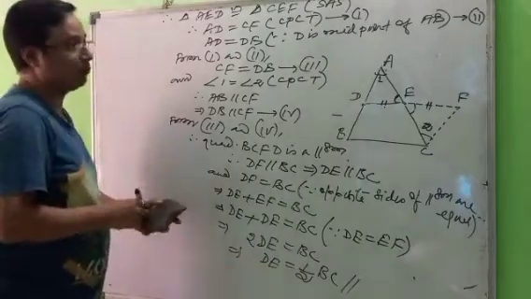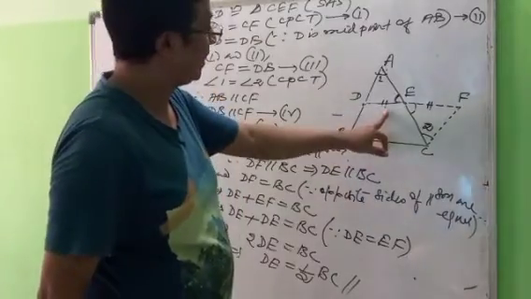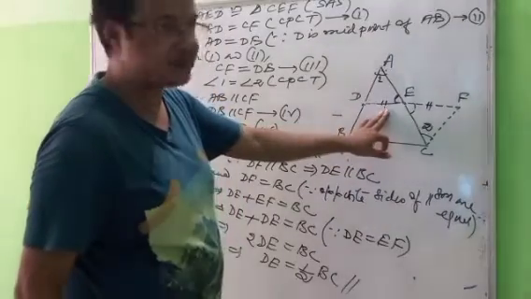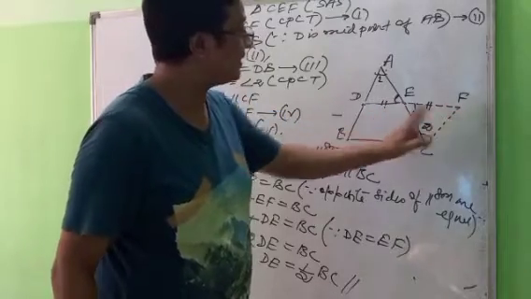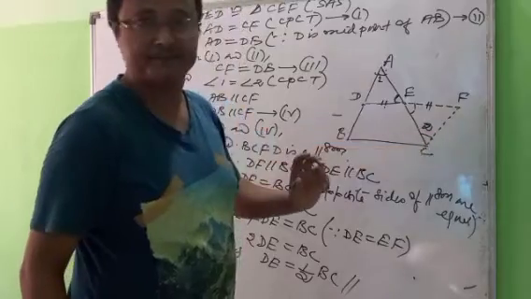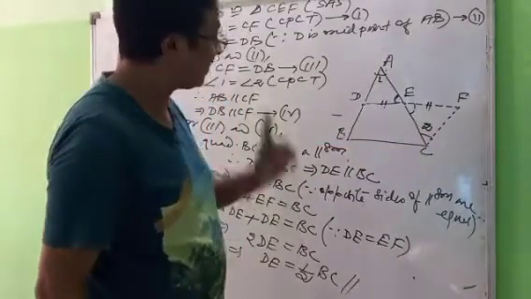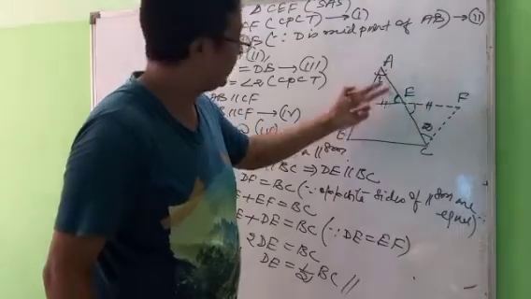So here what we did, the first point to keep in mind: you have made a construction that DE is extended to F such that DE equals EF and CF is joined. Then in the proof, first you made these two triangles congruent.